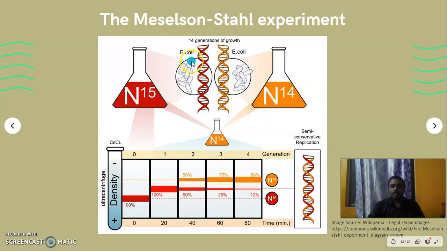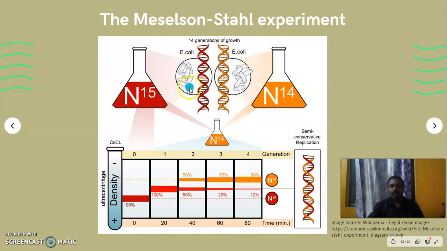When the E. coli culture was grown initially in the N15 medium, the DNA of the E. coli was of higher density because it contained N15. But when it switched to the N14 medium, the newly synthesized DNA after every replication step is going to have N14, though it also has N15 in its parent DNA strand.